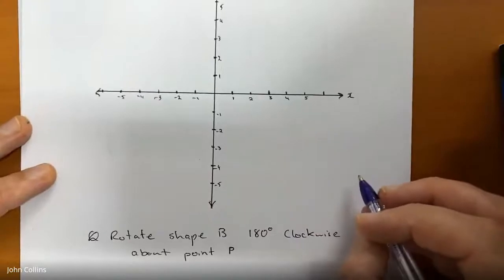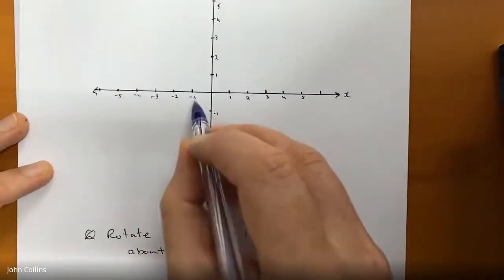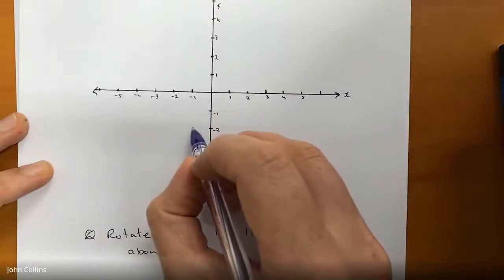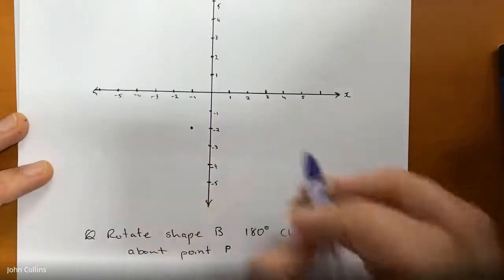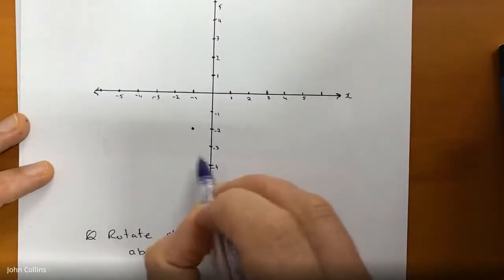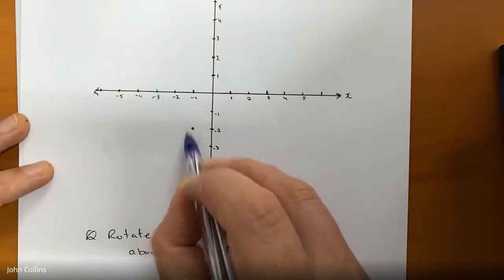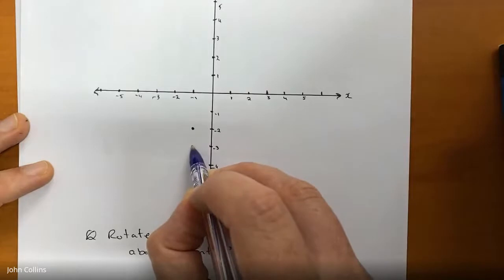Okay, so here comes the points. I'm going to use -1, -2. I'm going to use -1, -3.